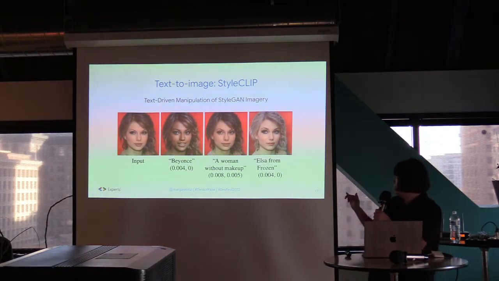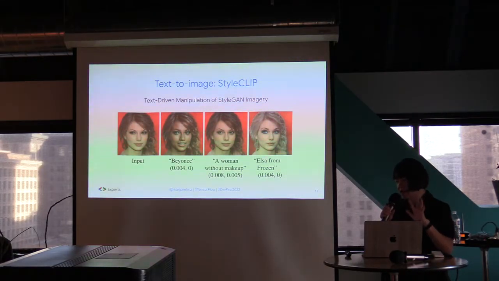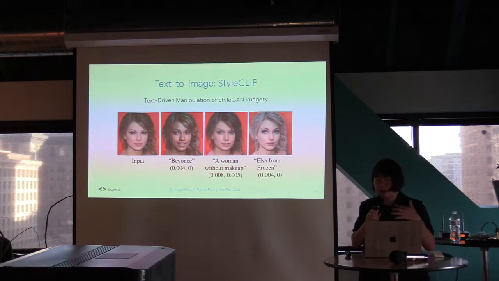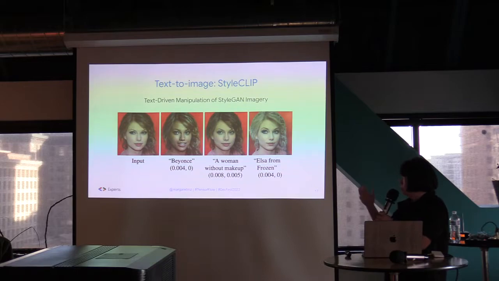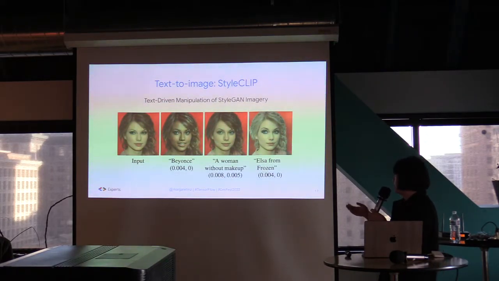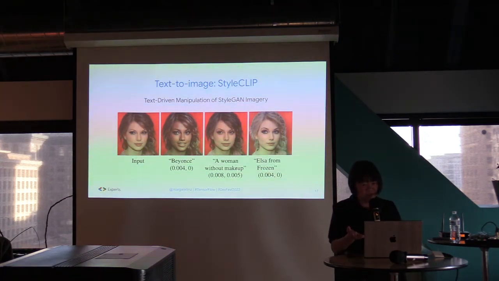So here is text to image. For those of you who've heard of GANs, a lot of times GANs can work with like music as well, but a lot of it you hear about images, right? Well, we can also generate images from text, and StyleCLIP is such an example.